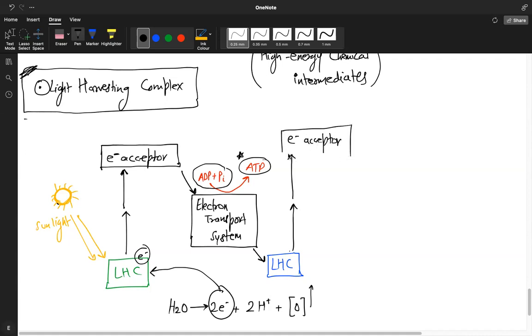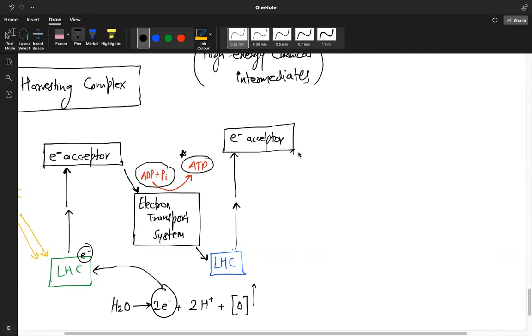Because all the energy was not used, only a fraction was used, and this electron acceptor again will give energy out, and this time the process that will happen is NADP plus comes and takes that electron, the energy, and gets reduced to become NADPH.